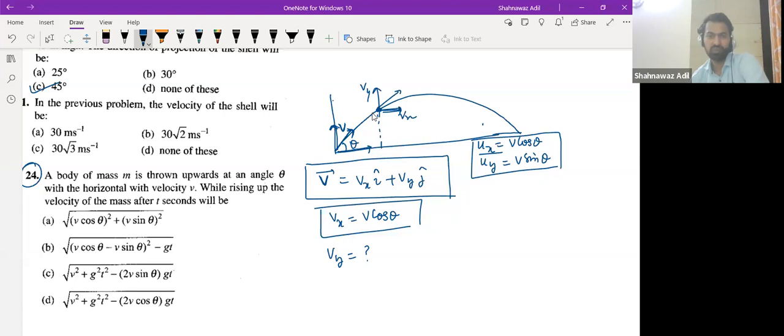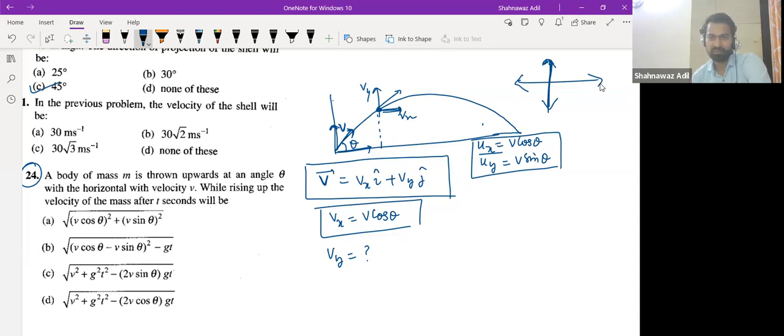Yes, we do. The acceleration is opposite to the y direction, so that is minus j, in the y direction.